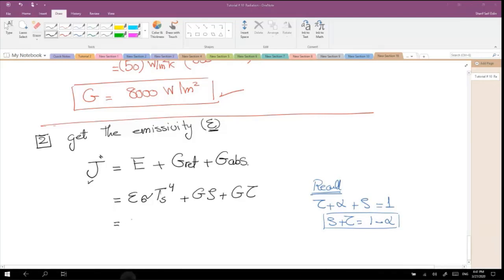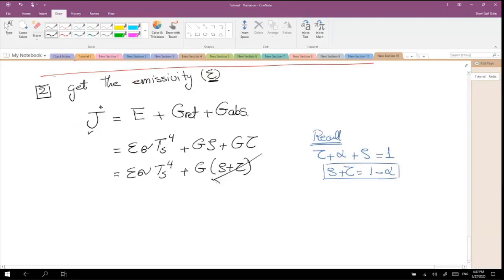So returning back here, epsilon, because alpha was the only one given to you, Ts to the power 4 plus G times rho plus tau, and this is going to be 1 minus alpha. So epsilon sigma Ts to the power 4 plus G times 1 minus alpha. And from here, let's substitute. We have alpha, we have G, we have T surface, sigma, epsilon, and we don't know epsilon. We're going to get epsilon from here.